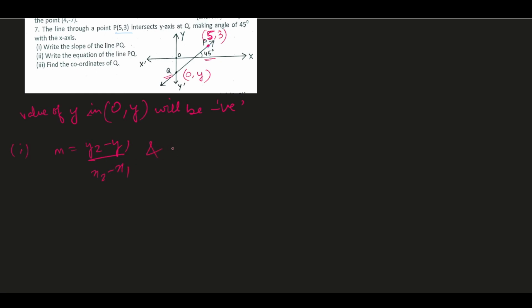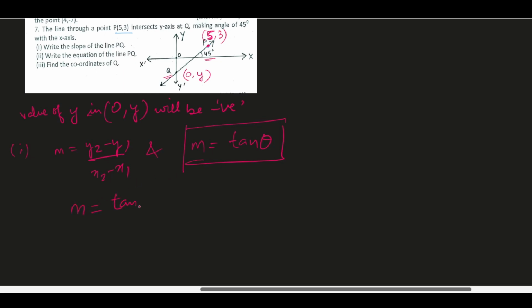Apart from this formula, we also have one more formula which is used when theta is given to us. So that formula is m is equal to tan theta. This makes our life a lot easier. So m is equal to tan of 45 degree. tan 45 is 1, so slope is 1. So this is the answer of the first part.